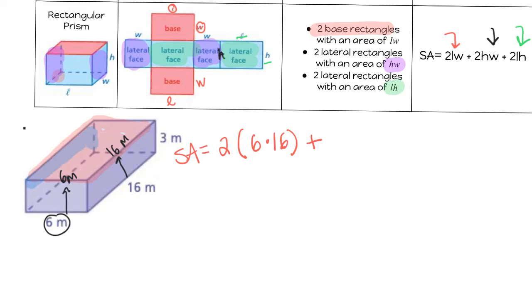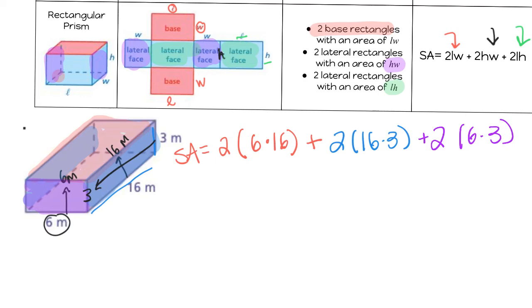if I'm going to do these ones on the side, it's 16 by 3, so 2 of the 16 by 3 rectangles. The last one I have is right here. This 3 stays over here, so I have two rectangles that are a 6 by 3.